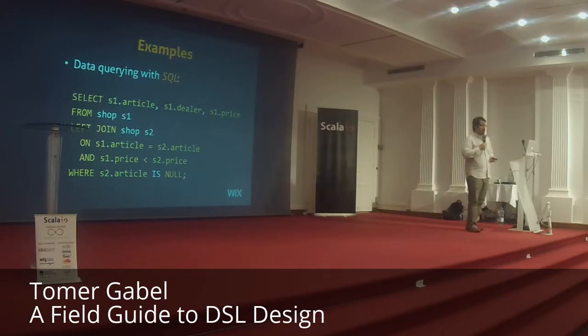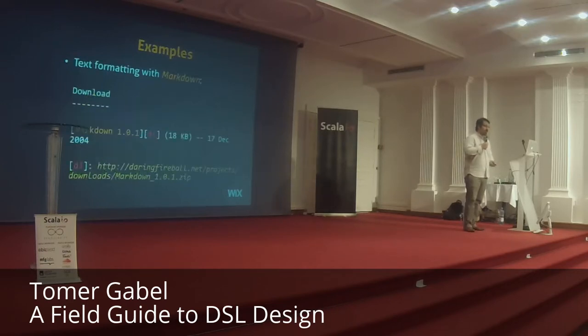One other thing to note about external DSLs is that the life cycle for code written in those languages is also very explicit. This thing does not get evaluated, does not get parsed, nothing is done with it until you feed it into a database, at which point the database engine parses it and generates an execution plan, etc. Another example is Markdown.